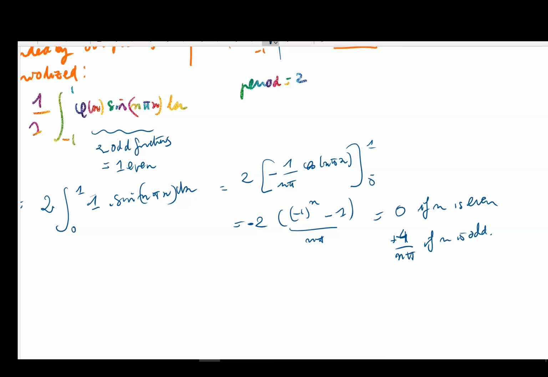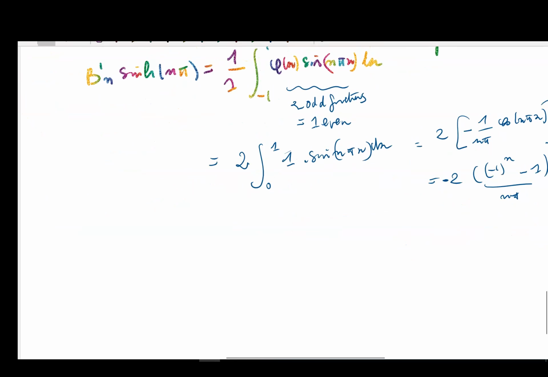So maybe we could try this. My solution here, I'm going to call that u1. It's okay, because it's just going to be one part of my complete solution. So u1 of x, y is just going to be the sum for n greater or equal to 1, n odd, of 4 over n pi.